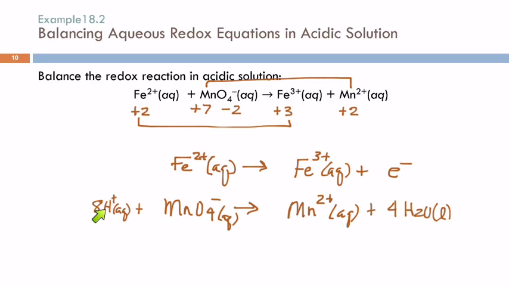So we've got a total of +7 on that side, right? And over here, I've got a total of +2. So how many electrons do I need to add to the +7 to get it down to 2? 5. So 5 electrons over there. Now the charges balance.